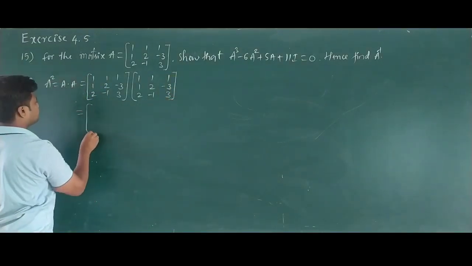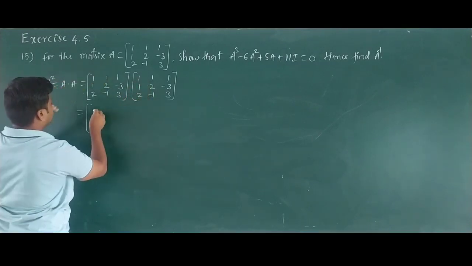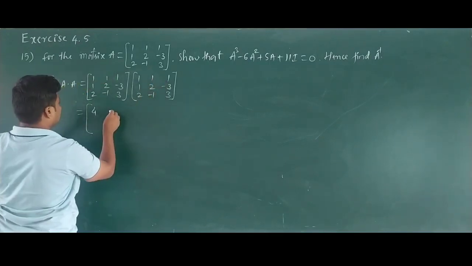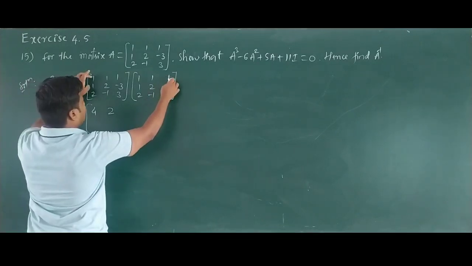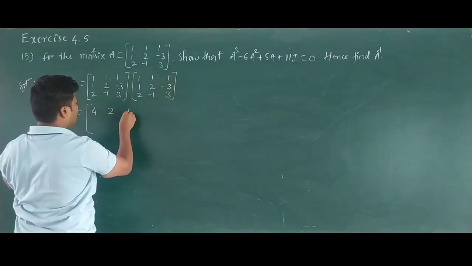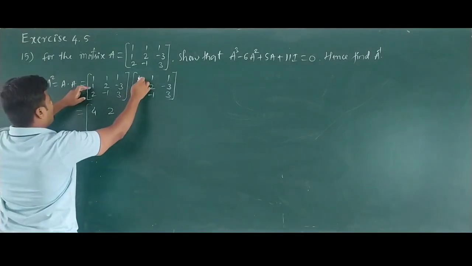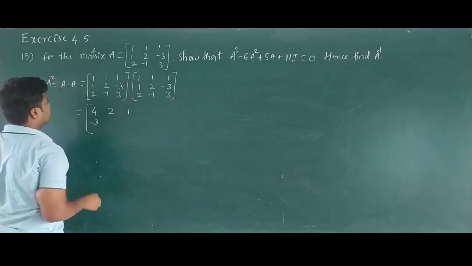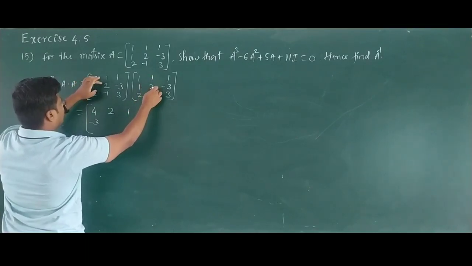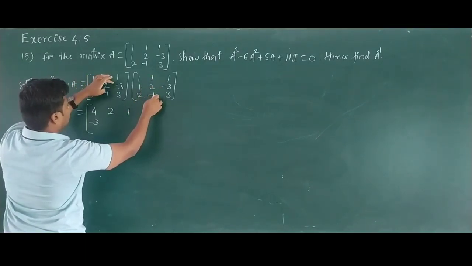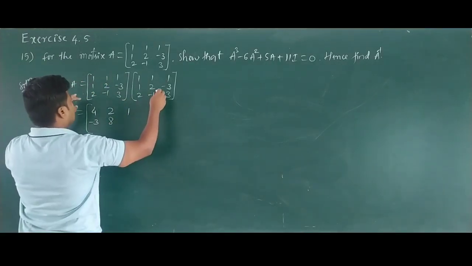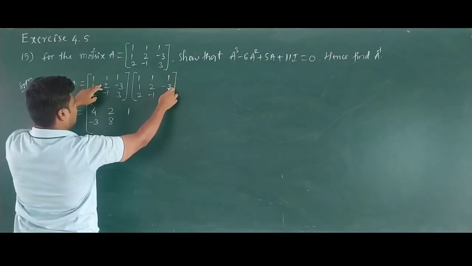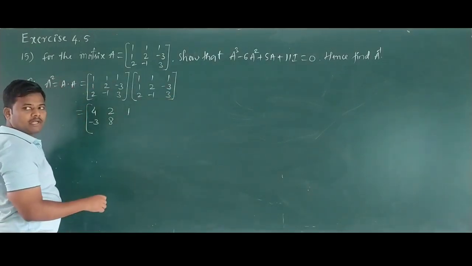Matrix multiplication: 1 plus 2 is 4. 1 plus 2 is 3, minus 1 is 2. 1 minus 3 minus 2 plus 3 is 1. 1 plus 2 plus 3 minus 6 minus 3. 1 plus 4 plus 5 plus 5 plus 3 is 8. 1 minus 6 is minus 5, minus 9, minus 2 minus 9.